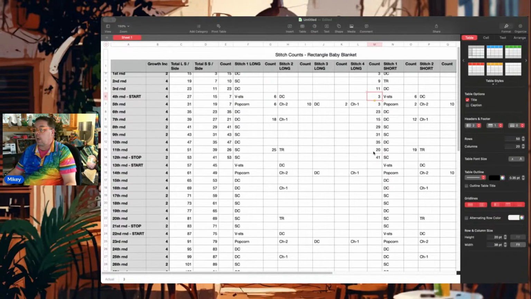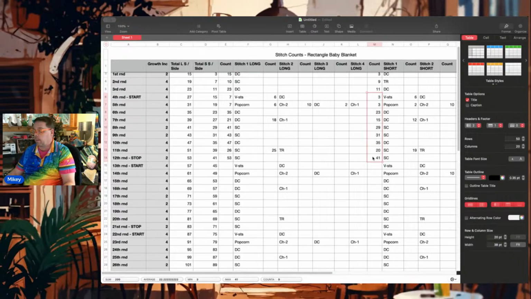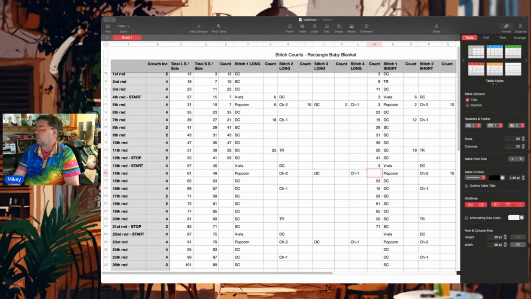So I'm going to take a copy of this because it's a mathematical calculation, and we're going to copy it down. So 3 popcorn has to come out. That has to come out. This has to come out.